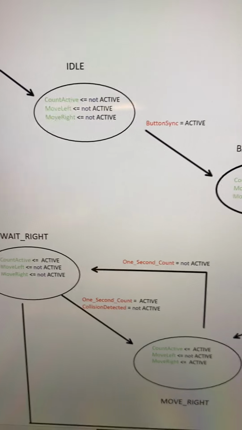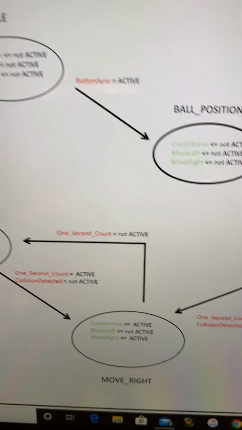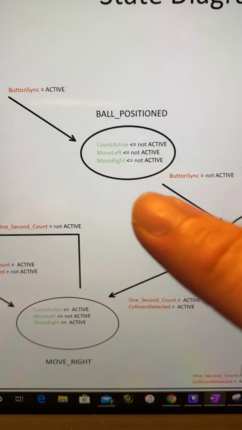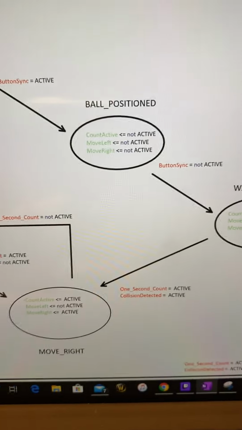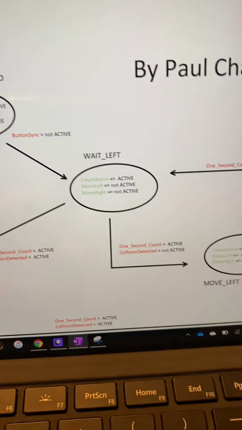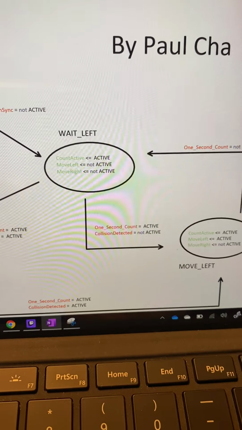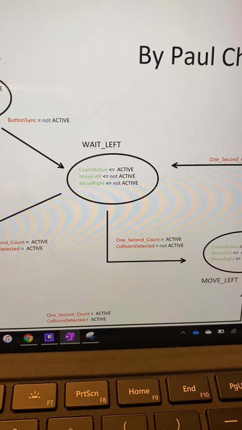And then if you click on the button, it will go to the ball position right here, and all of these are still inactive right now. As soon as you release the button, it's going to go into wait left. And in wait left, count active is active, and move left and move right are not active.